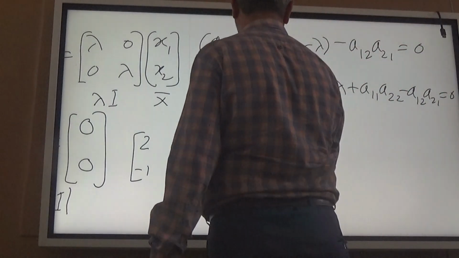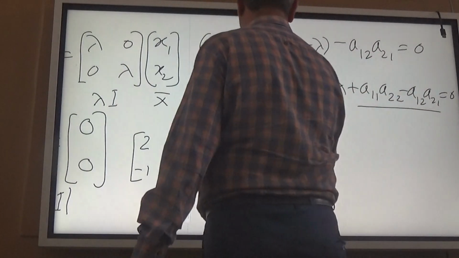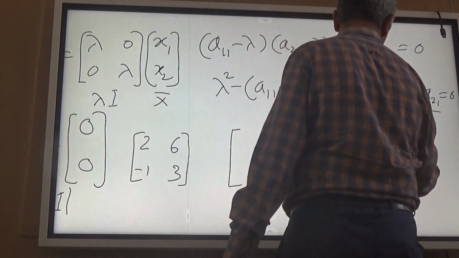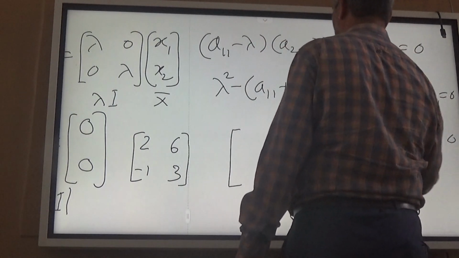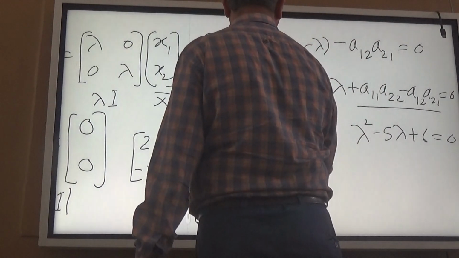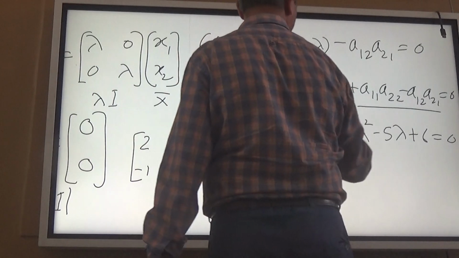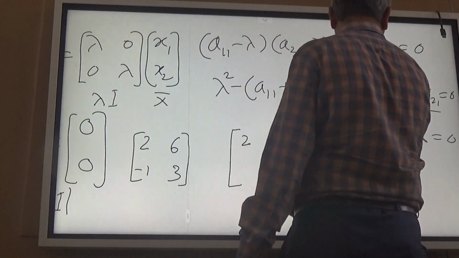So we can choose the equation to be lambda square minus 5 lambda plus 6 equal to 0. So A11 you can choose 3, A22 you can choose 2. This is A11 A22 minus A12 A21.